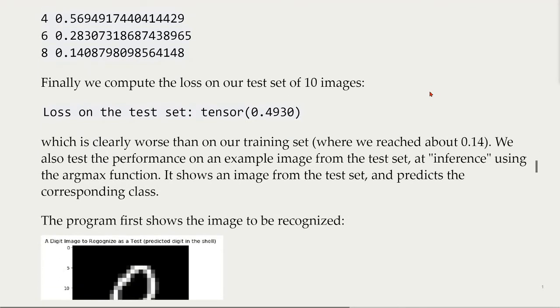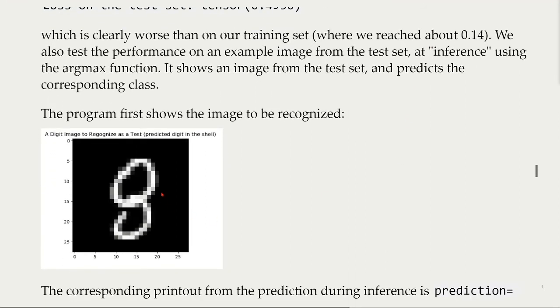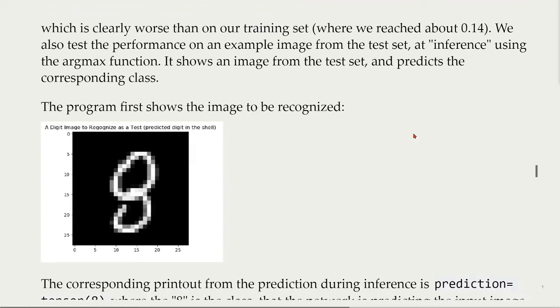It will show an image from the test set and it will predict the corresponding class. We will give it an image and we'll see what digit it predicts.